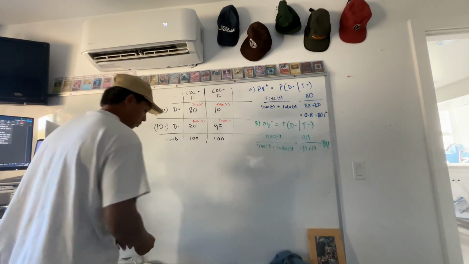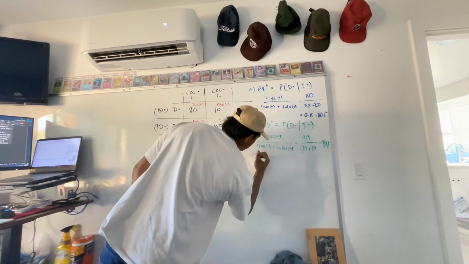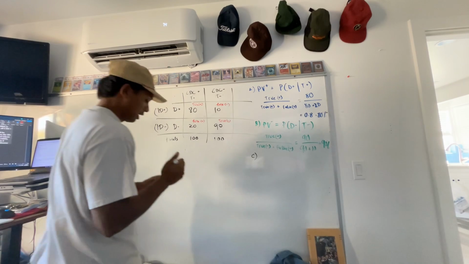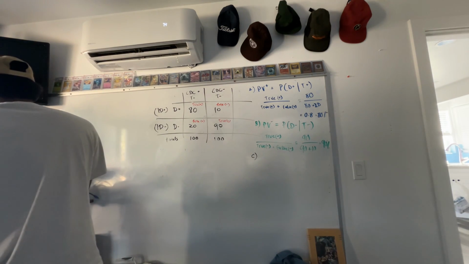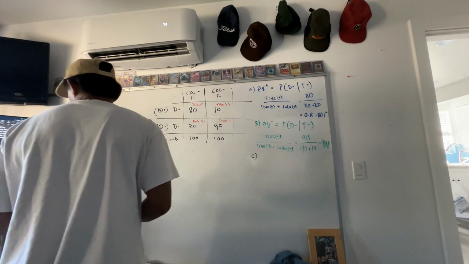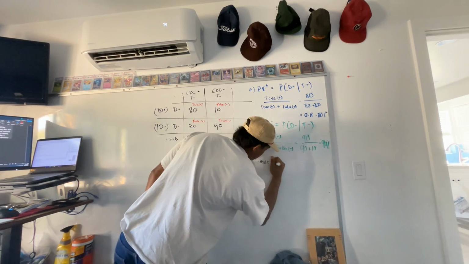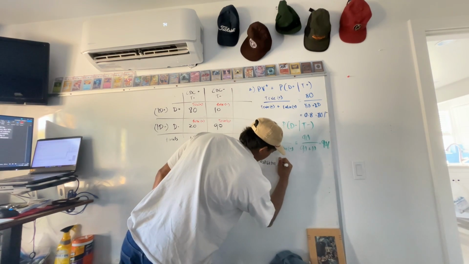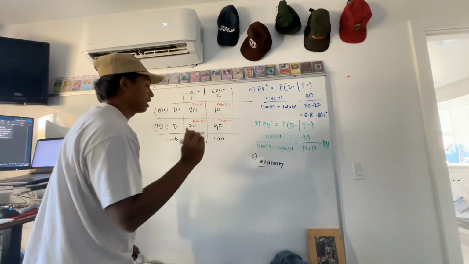Let's do part C here. We'll do this one in black, okay? C is asking, what is the sensitivity of the CDC algorithm? We're asking for sensitivity. Did I spell that right? We'll find out. Okay, sensitivity, yeah.